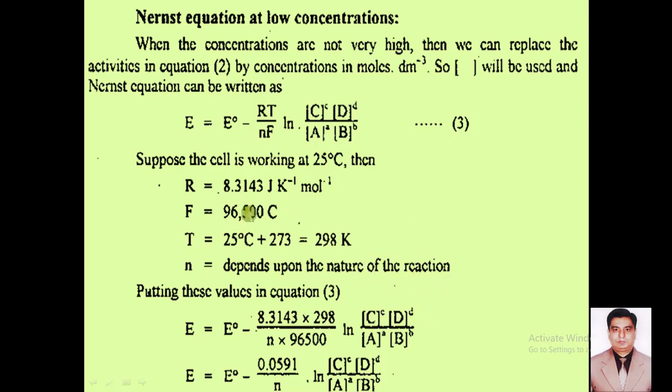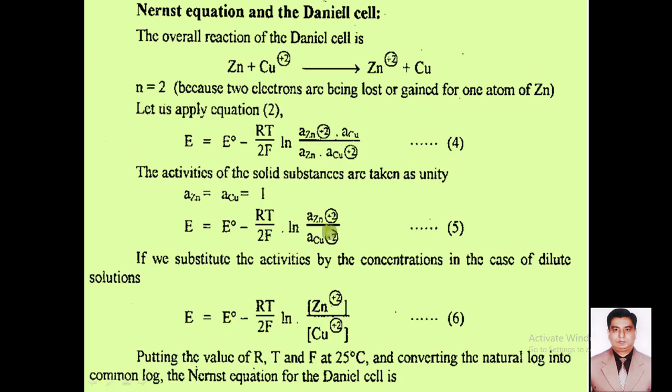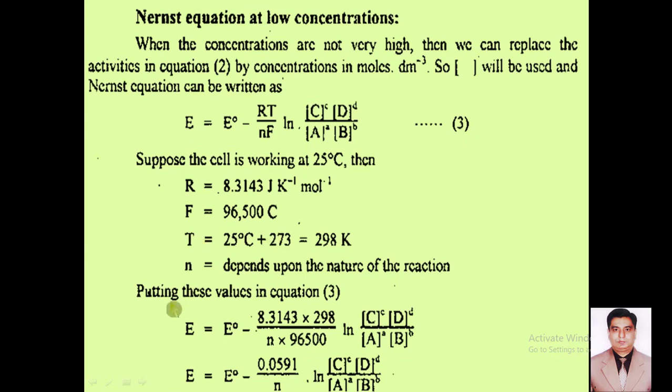So if we put all these values in equation number 3, then E is equal to E naught minus 8.3143 into 298 divided by n into 96500 log natural concentration of product divided by reactant.